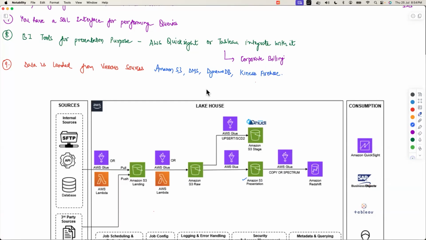So depending upon the node type, you can get up to, let's say, 16 terabytes of data per node, and you can have 100 plus nodes over here, right? 100 plus nodes is more than enough.